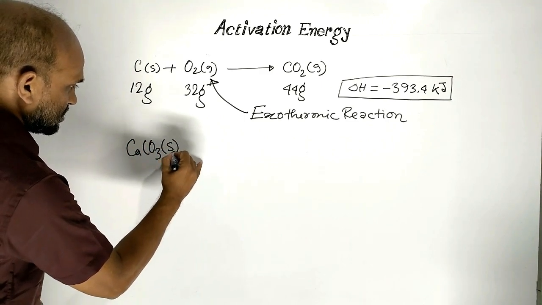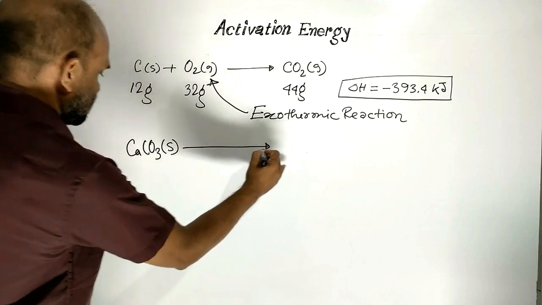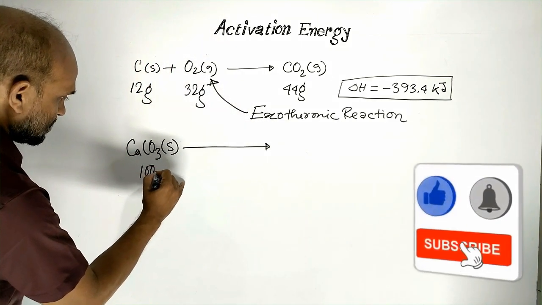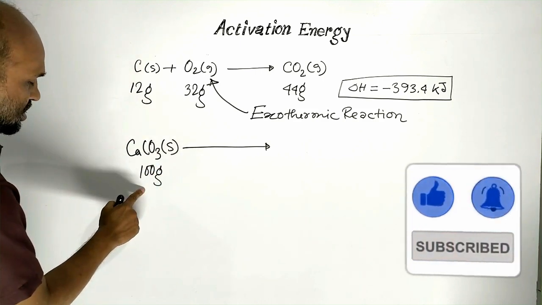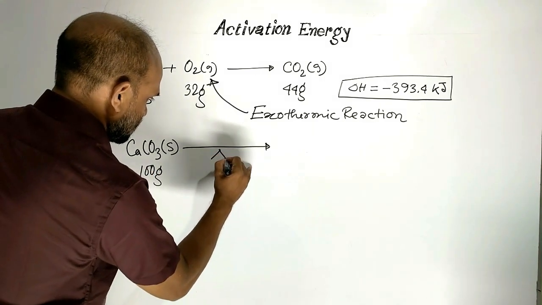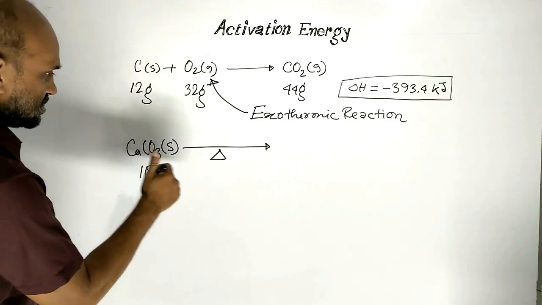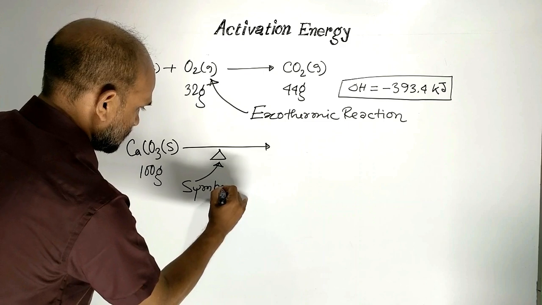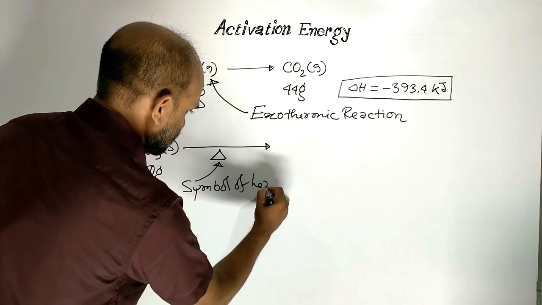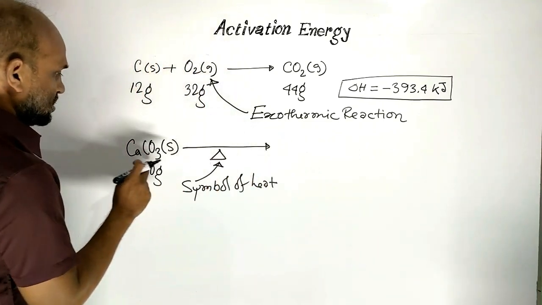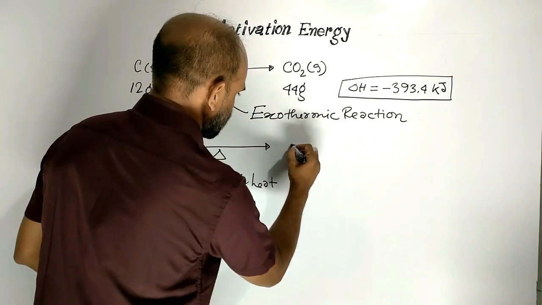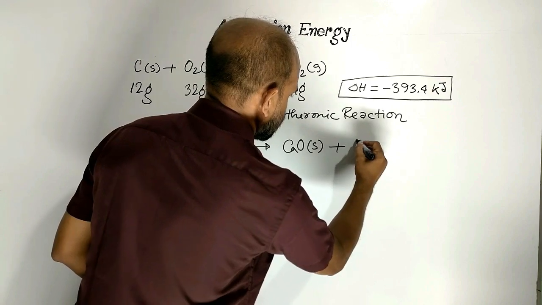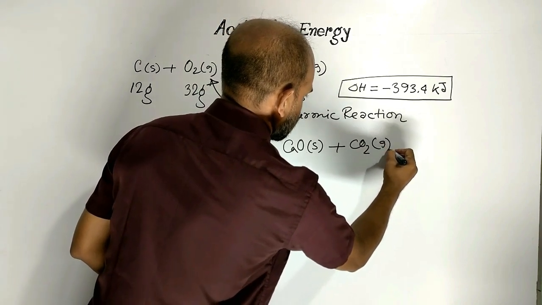Now, let us see endothermic reaction. Calcium carbonate. Gram molecular mass of calcium carbonate is 100 gram. When this is heated, then calcium carbonate changes to calcium oxide and carbon dioxide.